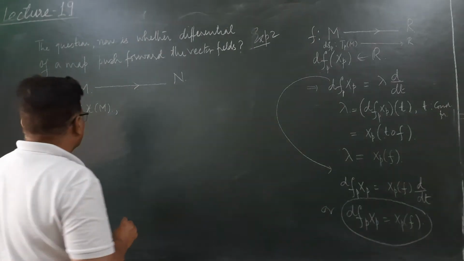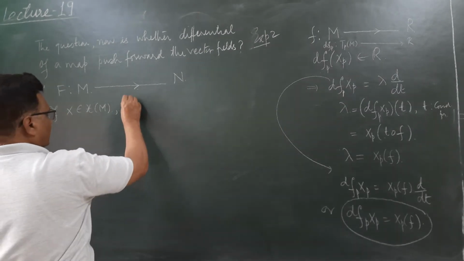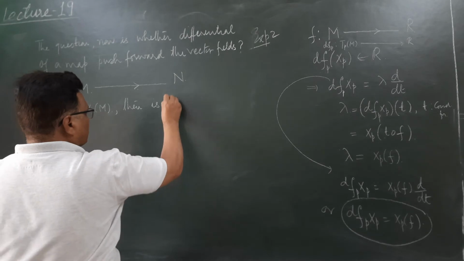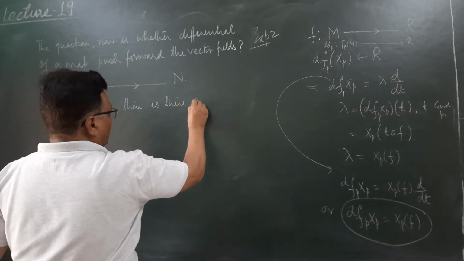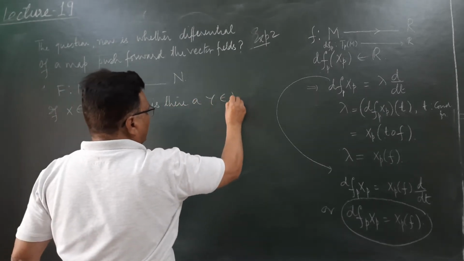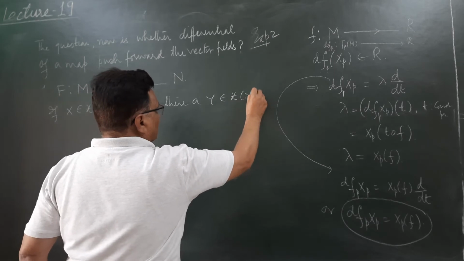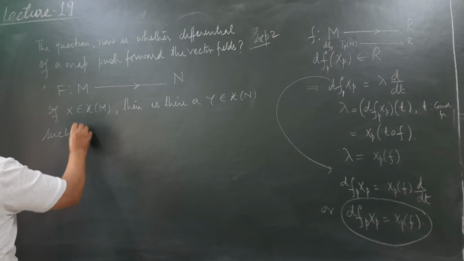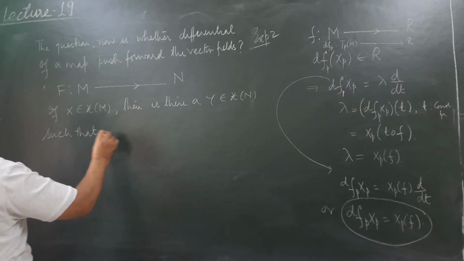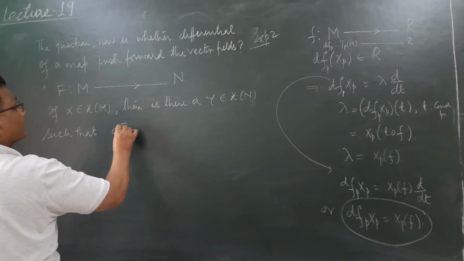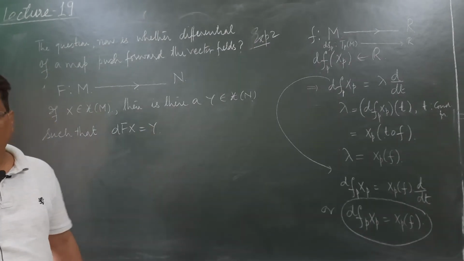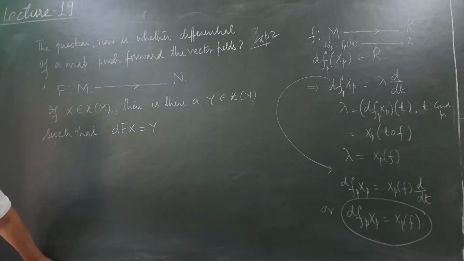So if X belongs, then is there a Y in χ(N) such that df X equal to Y. This is not true all the time.